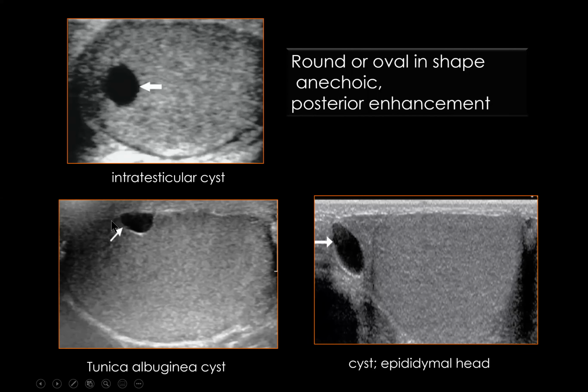These cysts are usually palpable by the patient as a thin nodule on the surface of the testis. And this cyst is at the head of the epididymis. So all the cysts are either round or oval in shape with posterior enhancement and anechoic content.